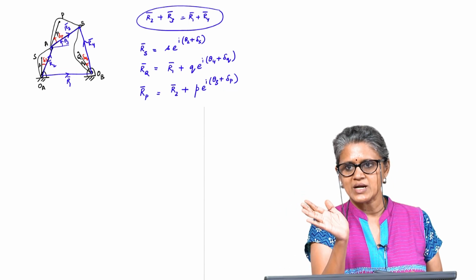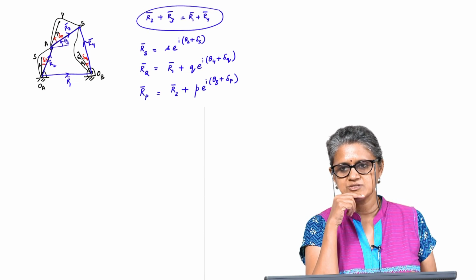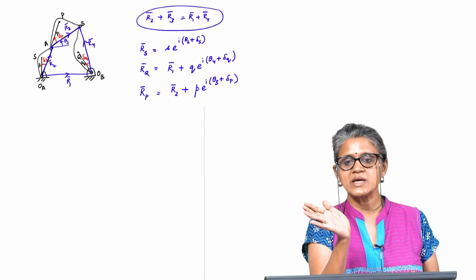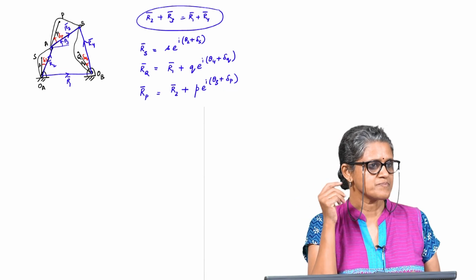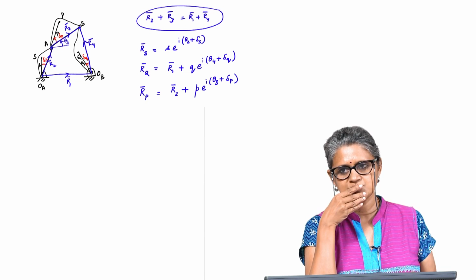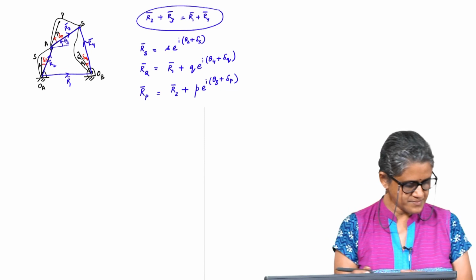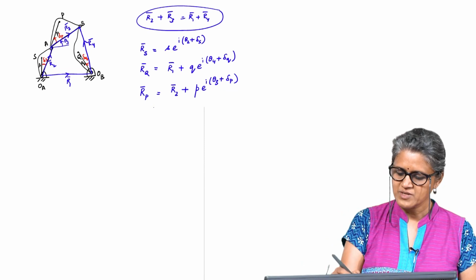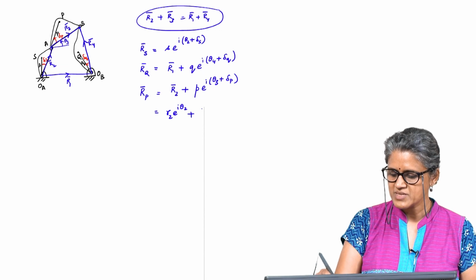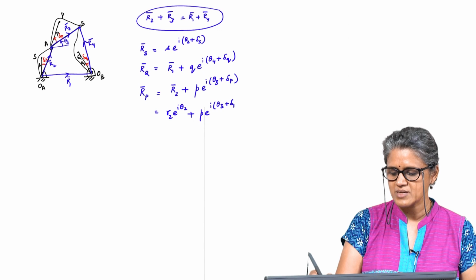It is relative to that rigid body, and P is a point on the rigid body, the coupler. So, with respect to any line on the coupler, or any point on the coupler, its position does not change. So, this is how you find the location: R2 e power I theta 2 plus P e power I of theta 3 plus delta P.